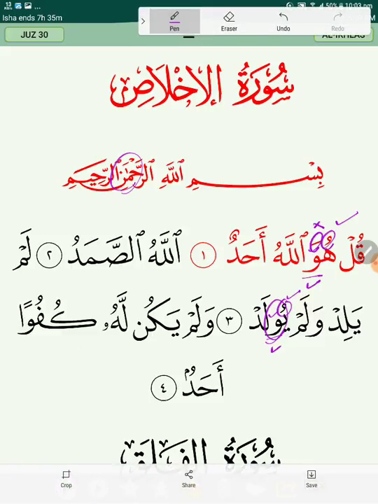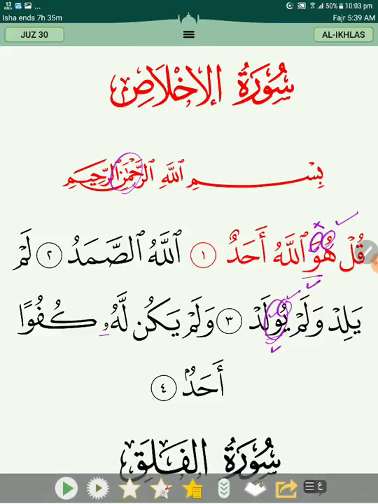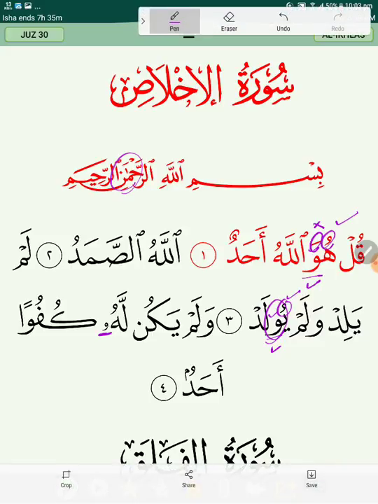Walam yakul lahu. Here now, this small waw also is instead of an ulta pesh, as I've mentioned in the class earlier, that the scripts vary. There is an Indo-Pak script and there is this Usmanic script that is followed in most of the Arab countries.